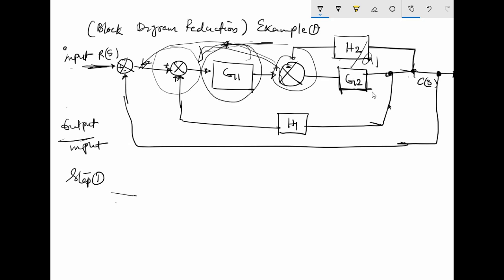So if I apply that step, then it will be something like, now I have 3 summing points here.